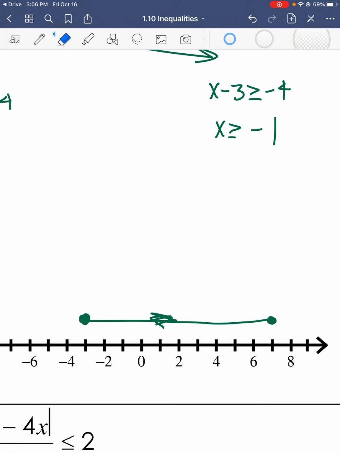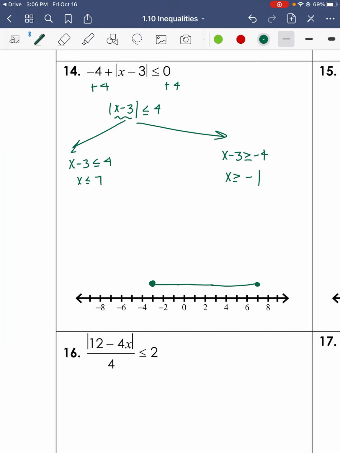Okay, but because these overlap here, this is going to be an and inequality. It has to be both less than or equal to 7 and greater than or equal to negative 1, as you can see by the graph here. So let's write this in set builder notation. We have all values of x such that negative 1 is less than or equal to x, which is less than or equal to 7.